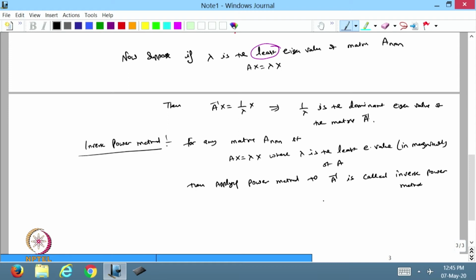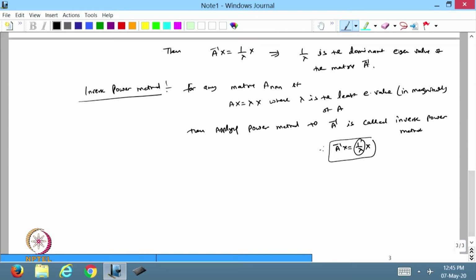Because we know that A inverse x will be 1 over lambda x. So, then it will be the dominant eigenvalue, and I can apply the power method to A inverse to find this value. So, we are able to find 1 over lambda, then using this I can find lambda, that was the least eigenvalue.